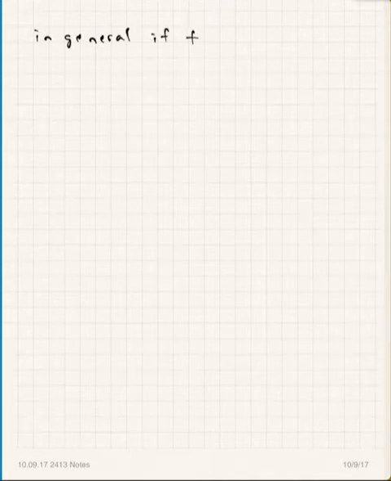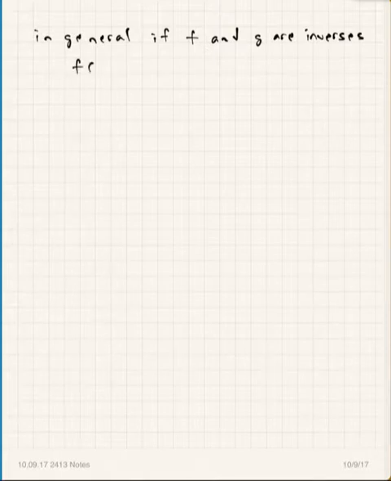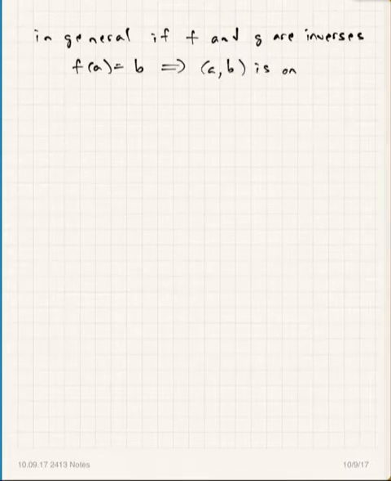So in general, if f and g are inverses of each other, first of all, that tells us that f of a is equal to b, and that (a, b) is on the graph of f.